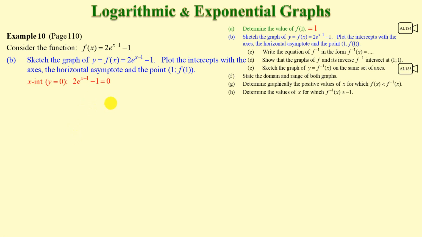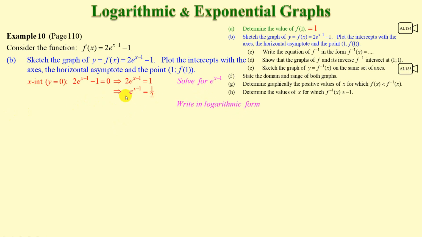To solve this for x, we first need to solve for e to the x minus 1. Now to go any further, we need to try to get that x out of the exponent. The only way to do that is to use logarithms. So we're going to go to logarithmic form.